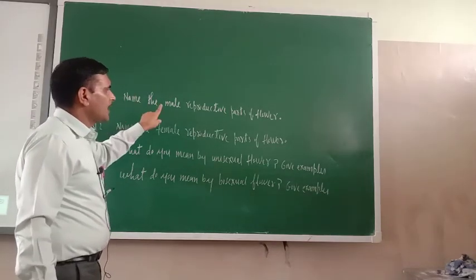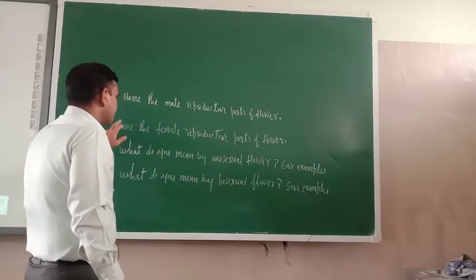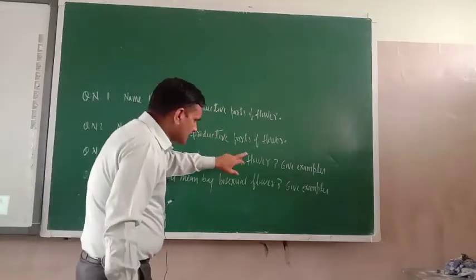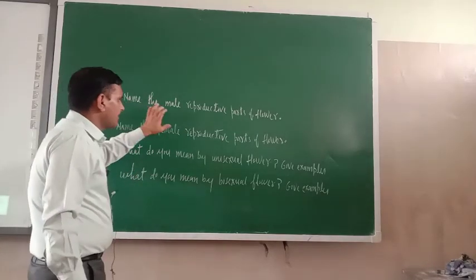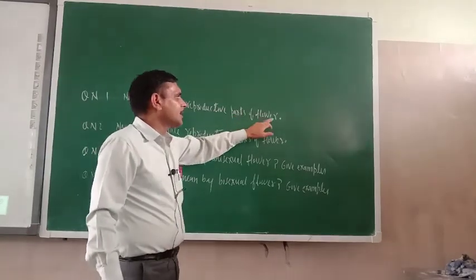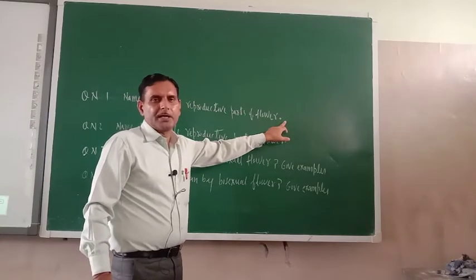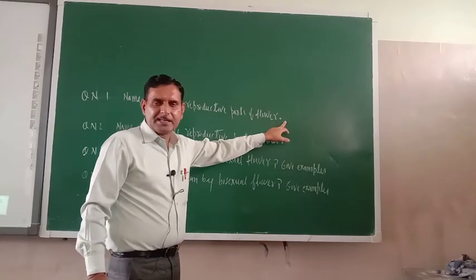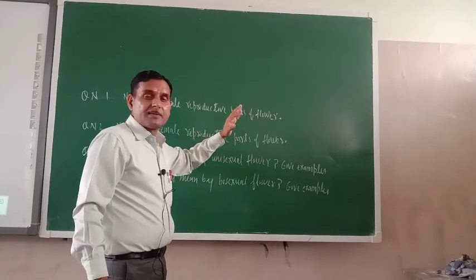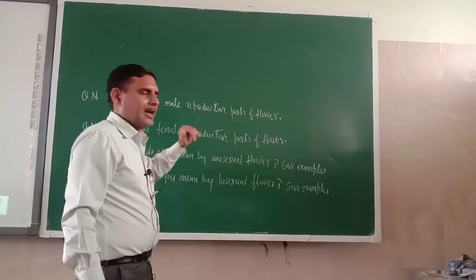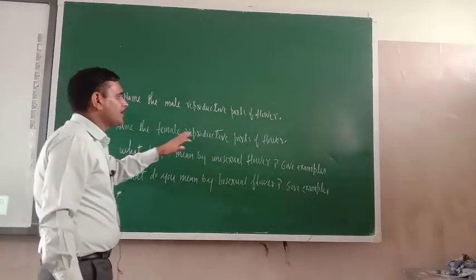Name the male reproductive parts of a flower, name the female reproductive parts of a flower. For the male reproductive part, you write the stamen, and then after writing the stamen you write its parts. What are the parts of the stamen? Anther, lobe and filament.